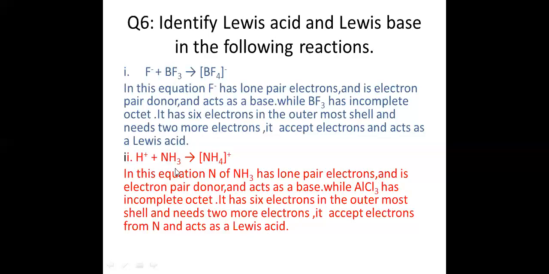This is hydrogen ion or proton. Proton has an incomplete duplet, not octet, because hydrogen has only one shell, and that is the first shell. So it is an electron deficient species. In order to complete its duplet, it needs an electron pair, and it will accept that electron pair from the nitrogen of ammonia.